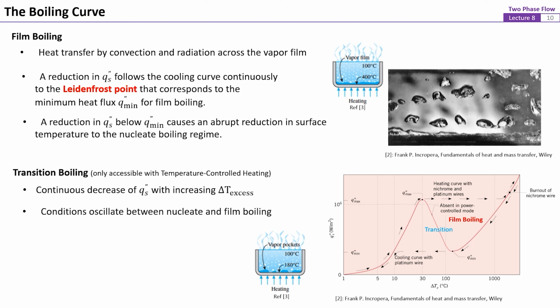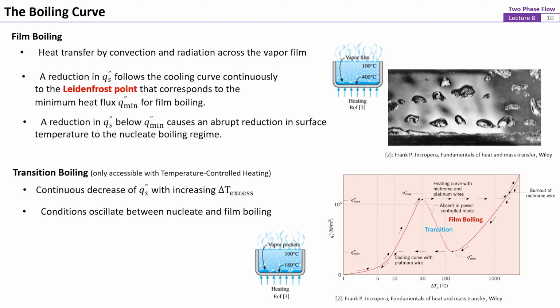This is mainly caused by the increased radiation as a result of the increased temperature difference across the vapor film. However, it should be reminded again, in practice, the operation of boiling near the critical heat flux point is avoided, since it is easily to be thermally out of control.